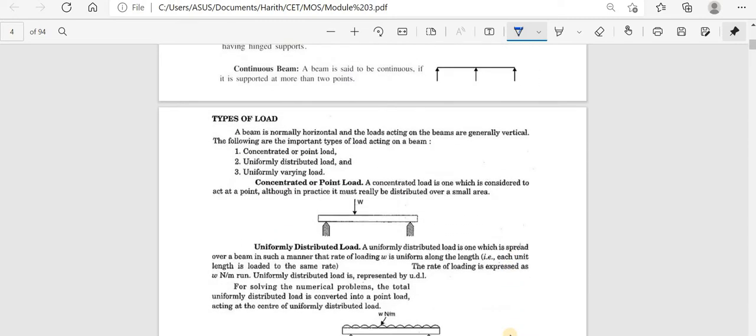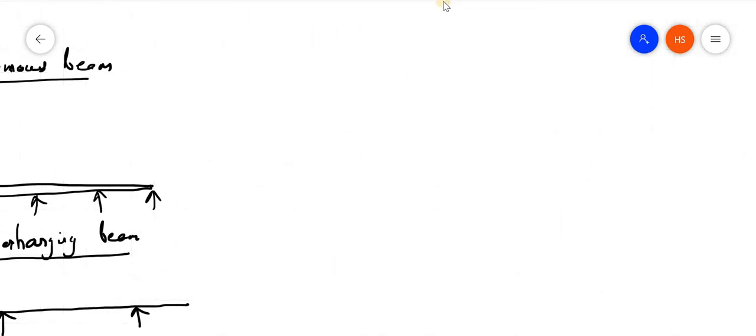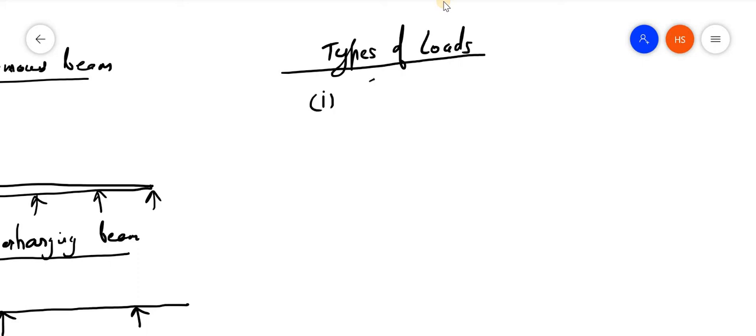And the next one is the types of load. What are the different types of load that can come on a beam? First one is the concentrated load.